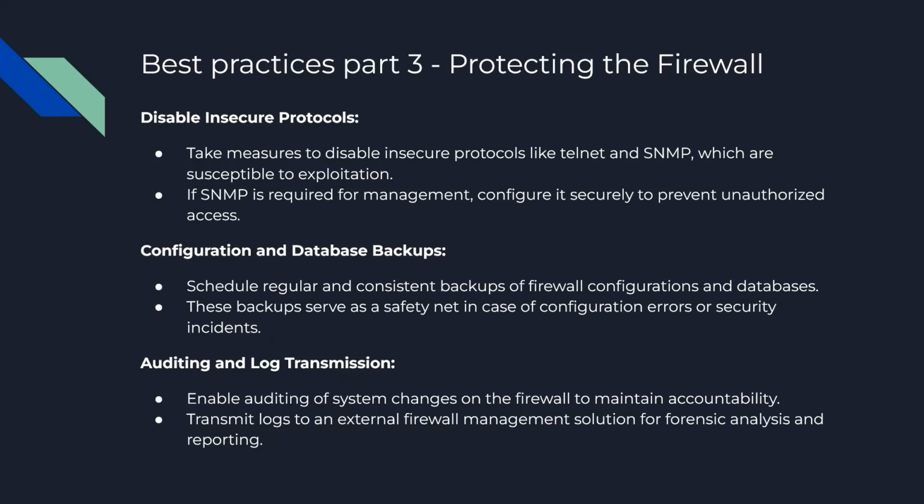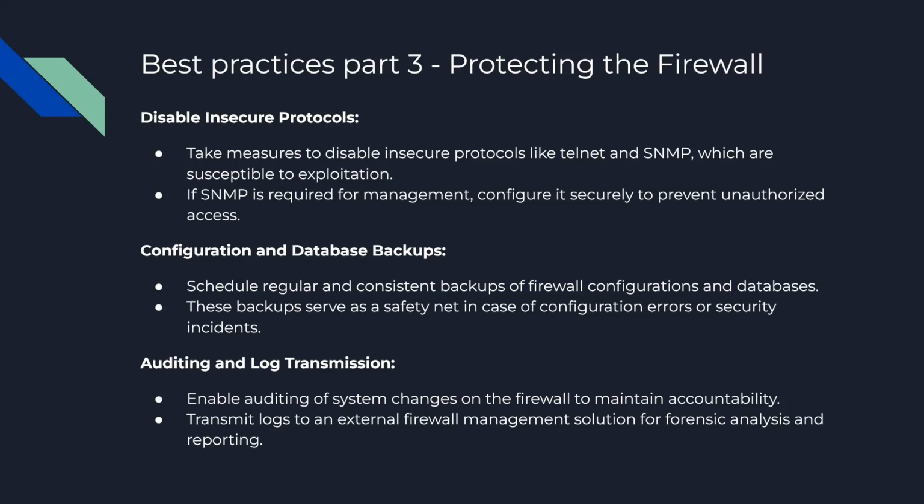Now, protecting the firewall. This one is going to be a little bit difficult because every firewall is going to be different, but these are just some general ideas that you can use for your firewall. Disable and secure protocols. Take measures to disable and secure protocols like Telnet and SNMP, which are susceptible to exploitation.